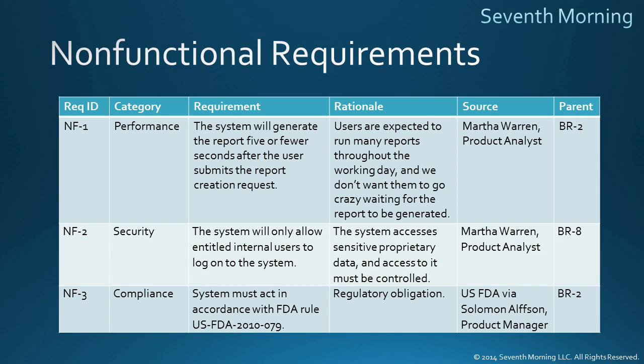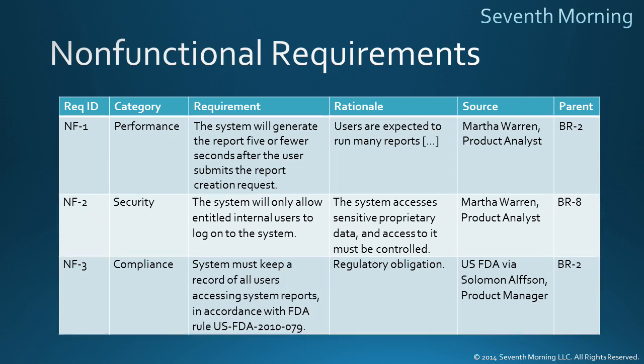Okay, this is a bad requirement. Why? Well, no one knows what the rule means. And I know that for a fact because I made it up. It would actually be much better to state what the system has to do or not do to be compliant with the regulation. So why don't we fix it like this? Okay, this is a lot better.